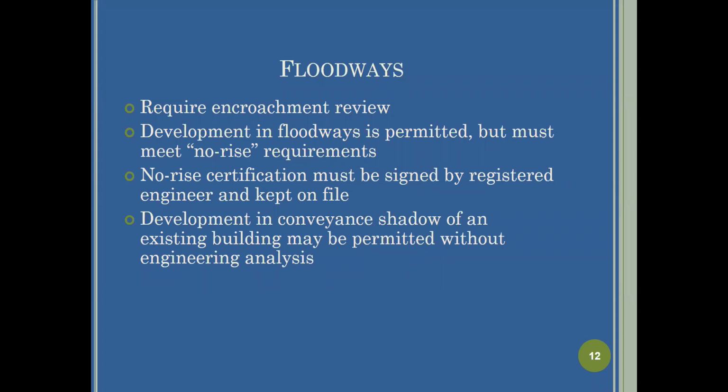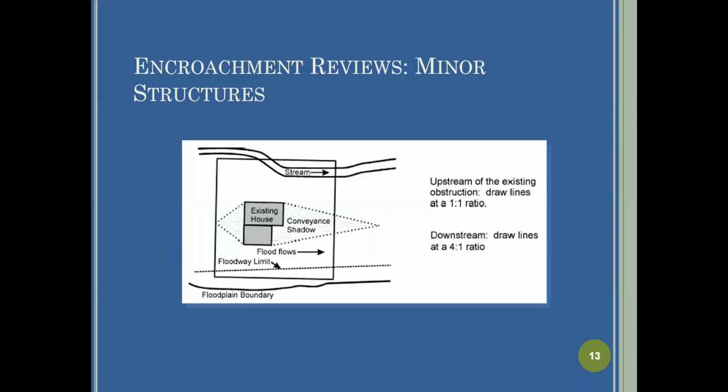And then this last one we'll cover on the next slide. Development in a conveyance shadow may be permitted without an analysis. So here's the example that they use. You have the existing house. There's going to be an area on the upstream side of the house that, if you came in here and maybe put a stoop in or a deck or whatever in this area, it's not going to increase the base flood elevation.